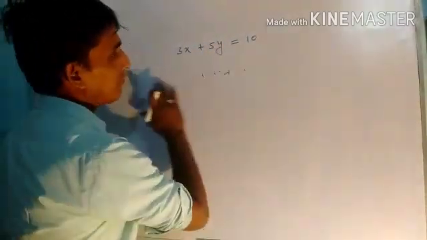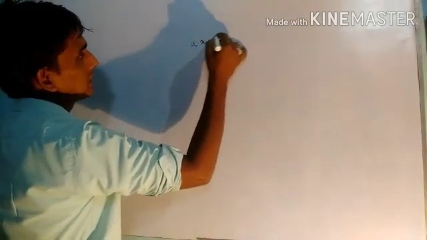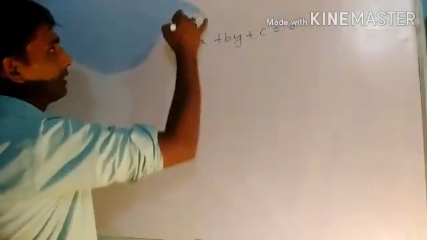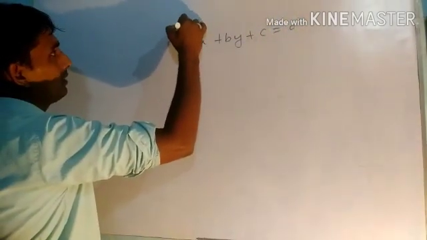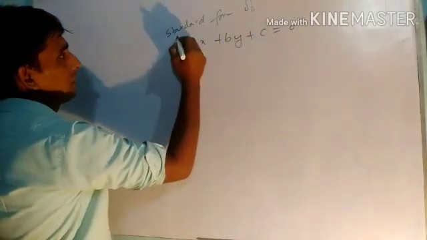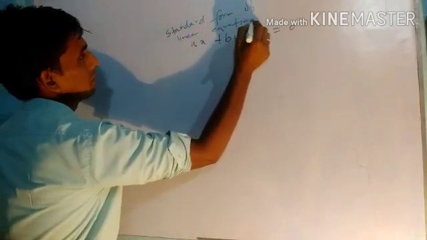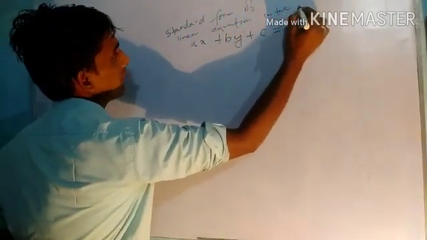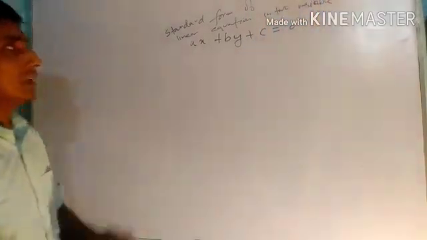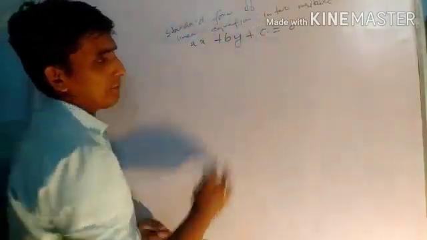So what is the standard form of a linear equation? The standard form of a linear equation in two variables is ax + by + c = 0.